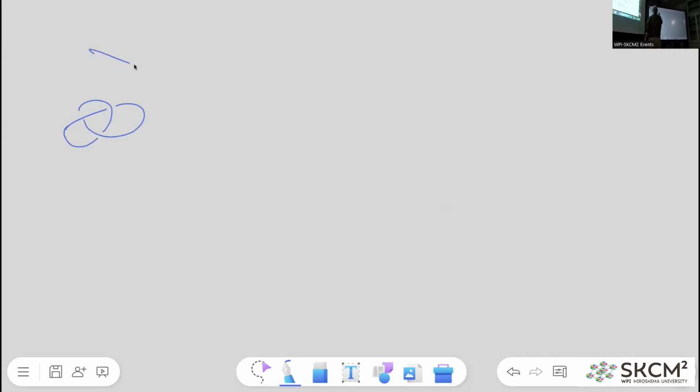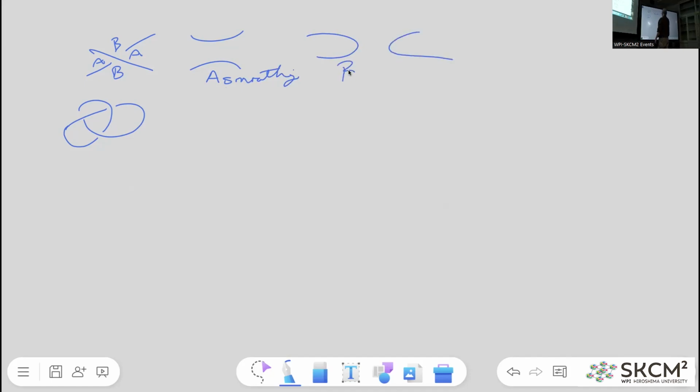and you are thinking about A and B states, right? Then the A smoothing of the trefoil knot is this one. And the B smoothing of the trefoil knot is this one.